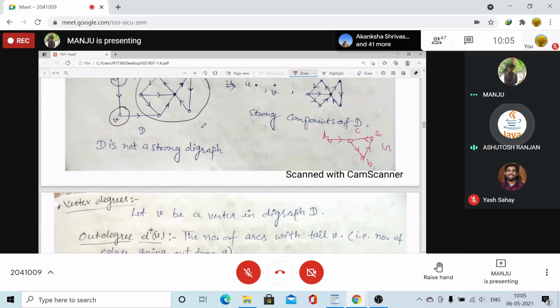For D, there is one out degree, zero in degree. No edges coming to the vertex, right?